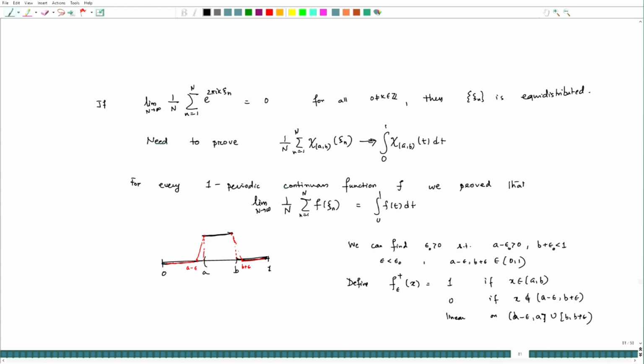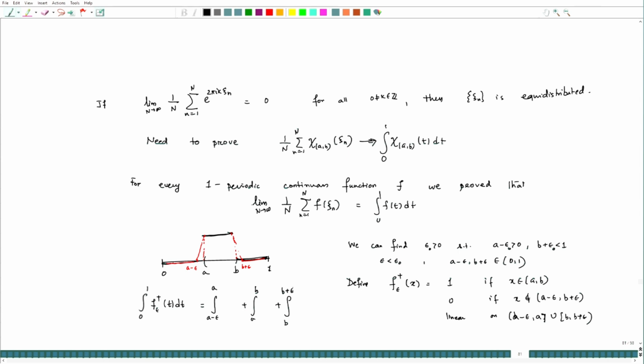As you can see, if I take the integral from 0 to 1 of this continuous function f epsilon plus of t dt, it splits into the integrals from a minus epsilon to a, from a to b, and from b to b plus epsilon.